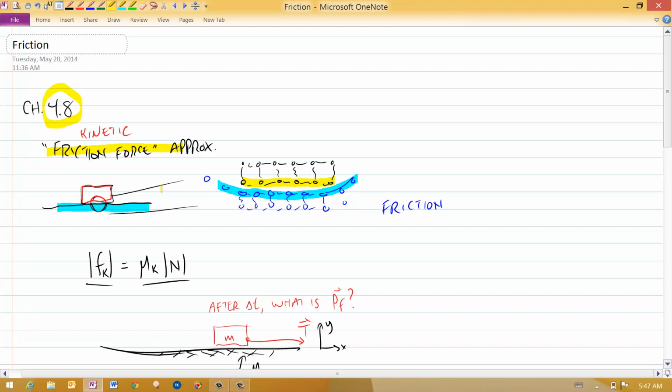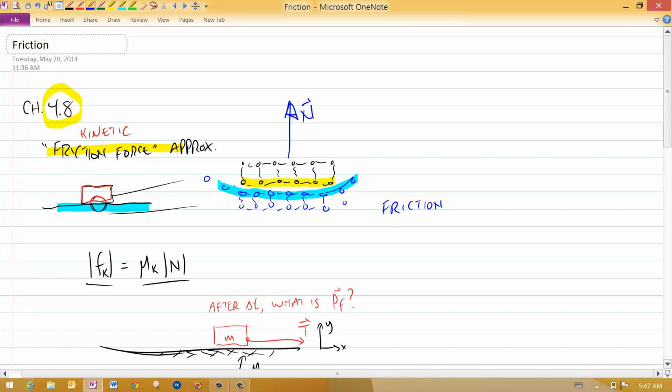So the surface actually indents a little bit, and you can see the blue surface being pressed downwards away from its equilibrium. That gives rise to a force, what we call a normal force, that would cause the block to be moved away from the surface.